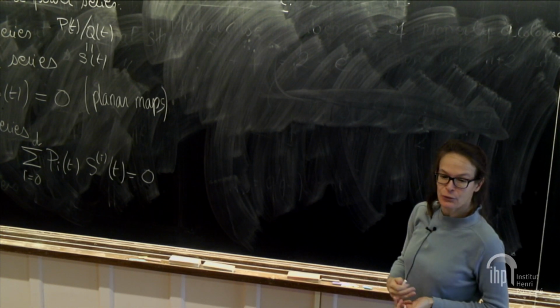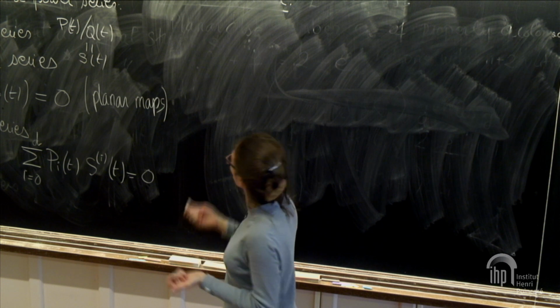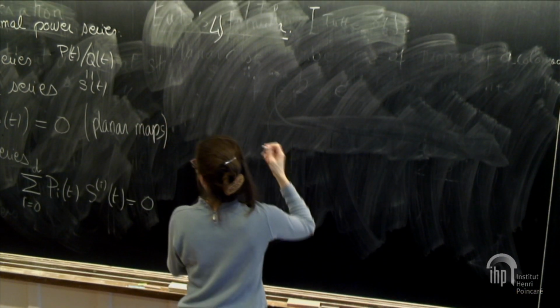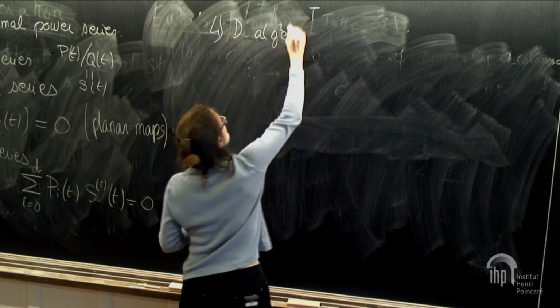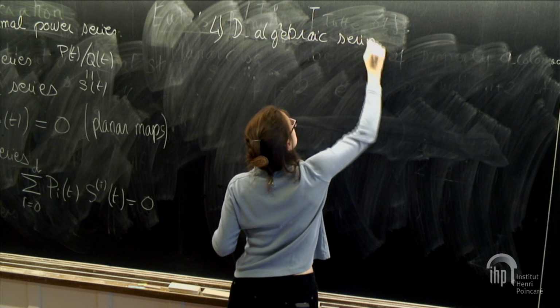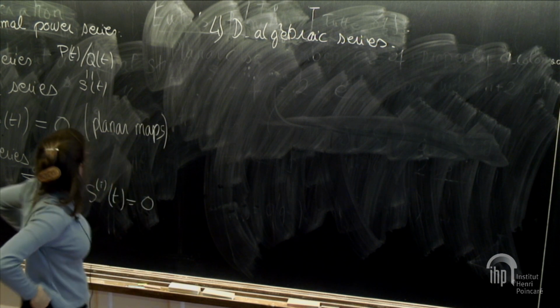And then there is a fourth class that some people do not like so much, but we'll have to deal with them, which is the class of D-algebraic series. So D stands for differentially, here and there.